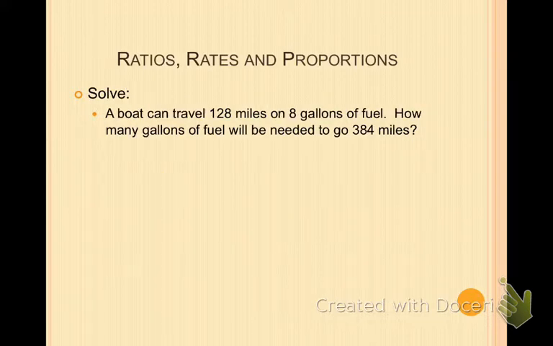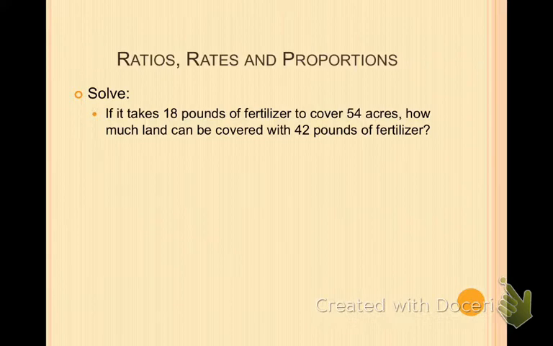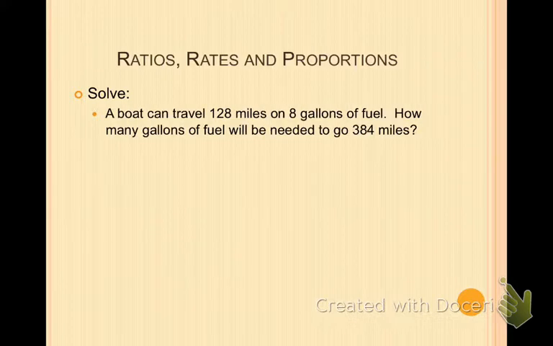Here's another example. A boat can travel 128 miles on 8 gallons of fuel. How many gallons of fuel will be needed to go 384 miles? Again, it's all about lining up those units. If we know there's 128 miles on 8 gallons of fuel, we want to line up miles to gallons.